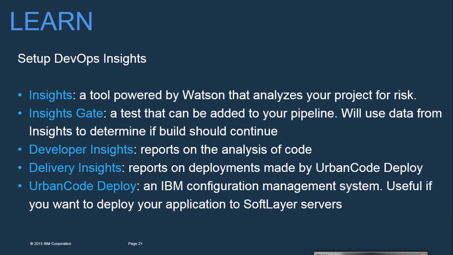So anytime a change is committed, you can have a query in Insight Gates, which will analyze your code for any major risks, and if it finds that the change you've just committed has a high risk, it'll stop the pipeline, it'll send you an alert about it, and you can revisit that commit to see if it was to make it less risky.